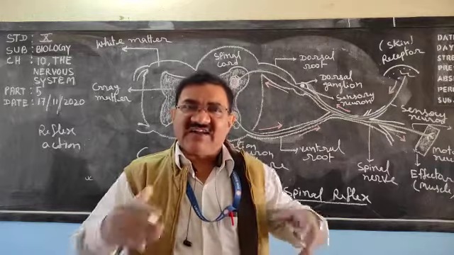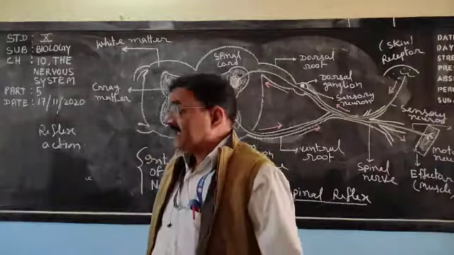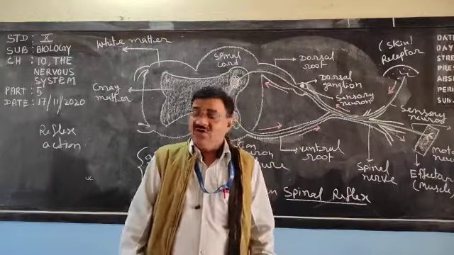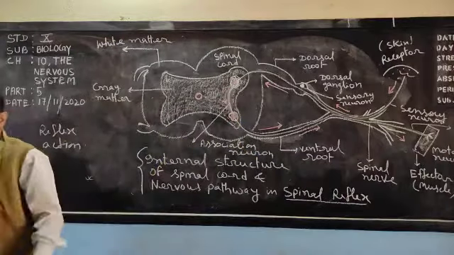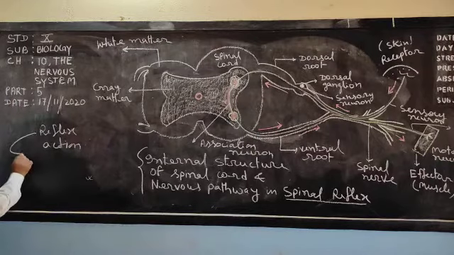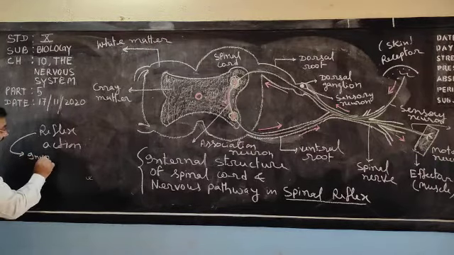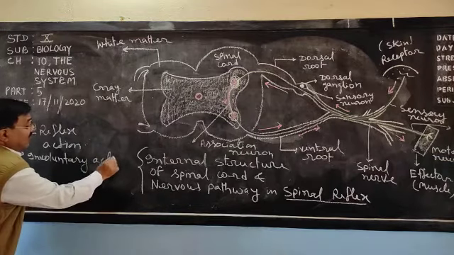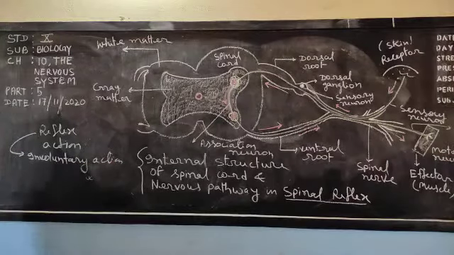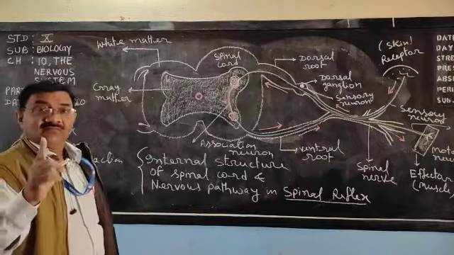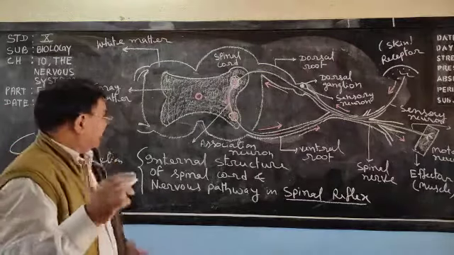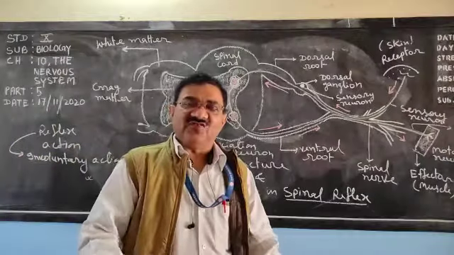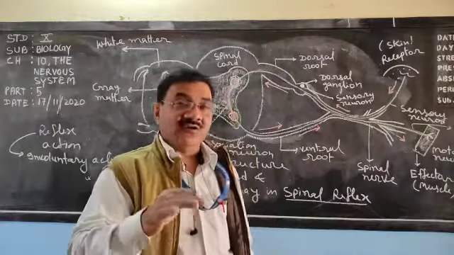Voluntary actions are under our control and involuntary actions are not under our control. So reflex action is a type of involuntary action which is not under our control.